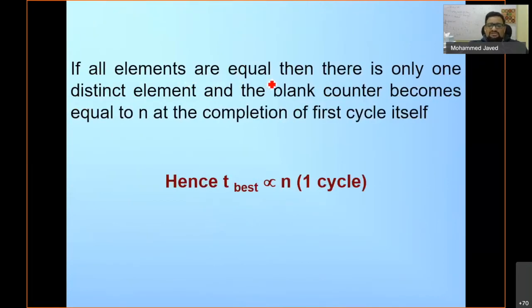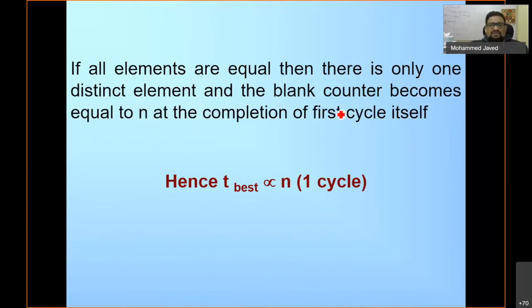Now let us take the case we have already seen. If all elements are equal, then there is only one distinct element and the blank counter becomes equal to n at the completion of the first cycle. Now I think you will appreciate that case.